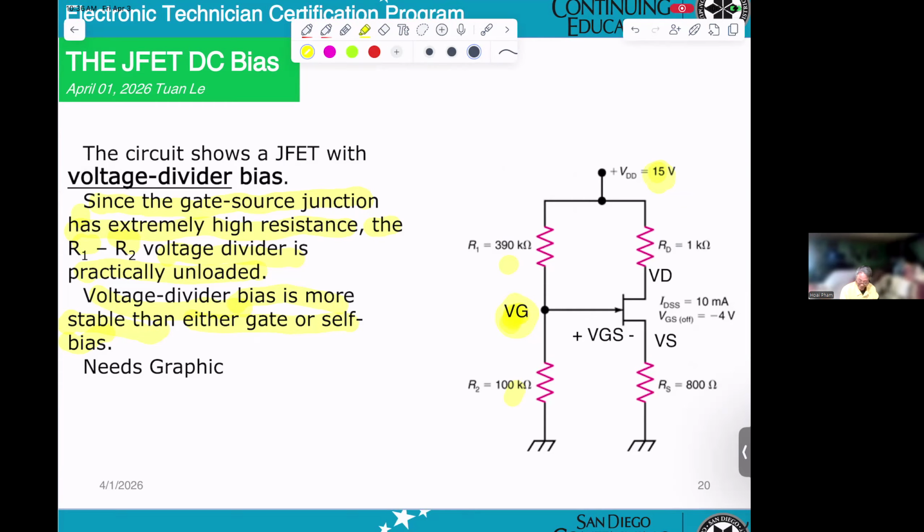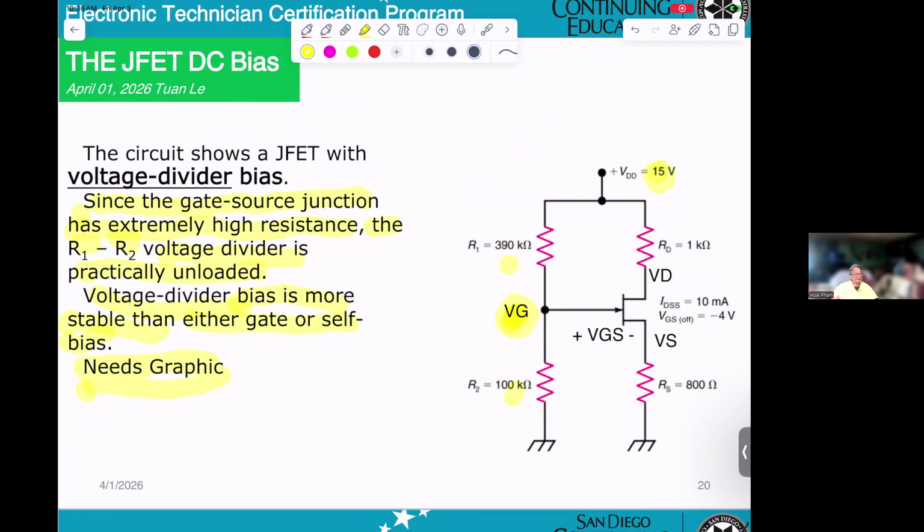However, for voltage divider bias you also need the graph. Again, technicians don't have to work with the graph. If you understand, that's fine.